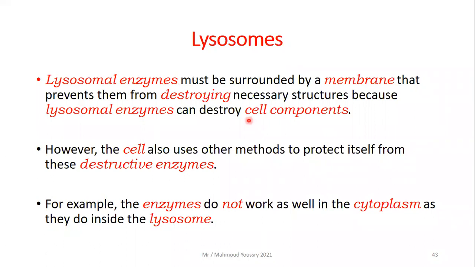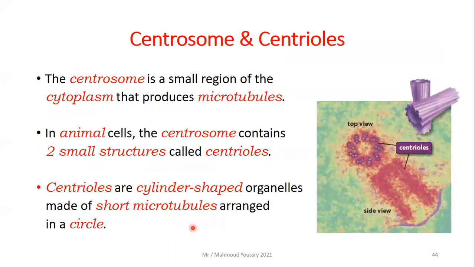This is why they are made in an inactive form. However, cells also use other methods to protect themselves from these destructive enzymes. For example, the enzymes do not work as well in the cytoplasm as they do inside the lysosomes. This is another way to protect the cell itself.